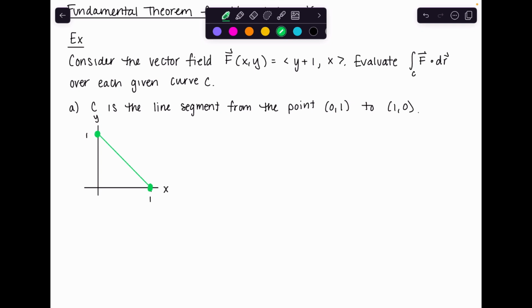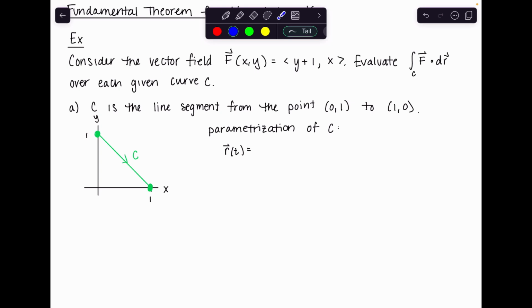So this is our oriented curve C. So first thing I need to do is find that parameterization of C. So this means I want to find a vector function that guarantees I'm on this curve, and more specifically, it traces the curve in this direction.